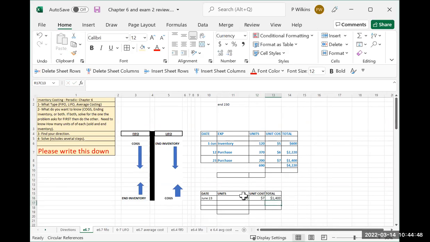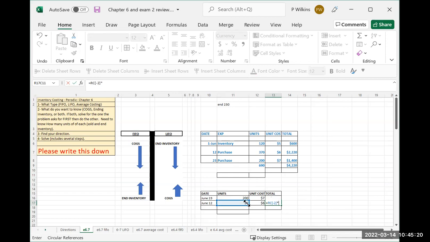So now we have 200 units. How many more units do we need to get to 230? We need 30 more units. So we're going to go to the line above, which has a total of 370 units, but we only need 30 of them. We're going to go to June 12th. We're taking 30 of those units at $6 each. So 6 times 30 is what?